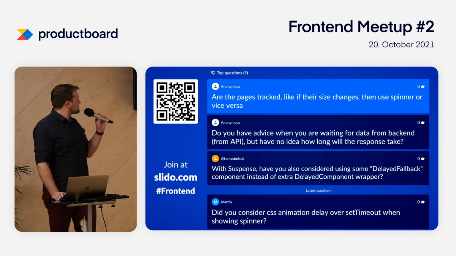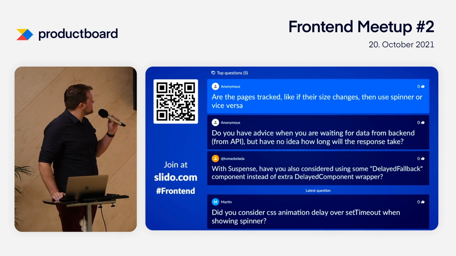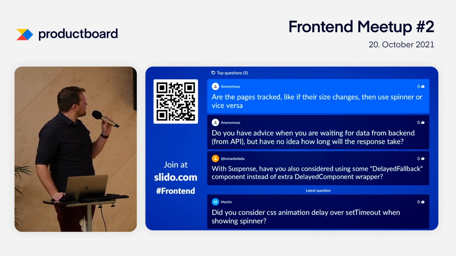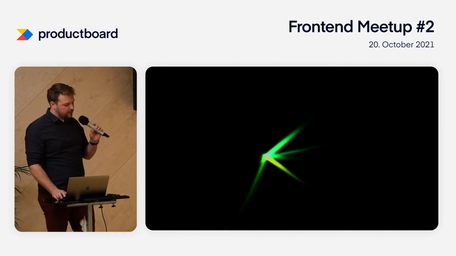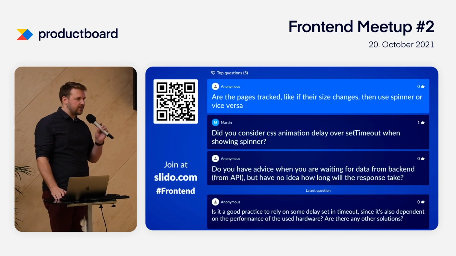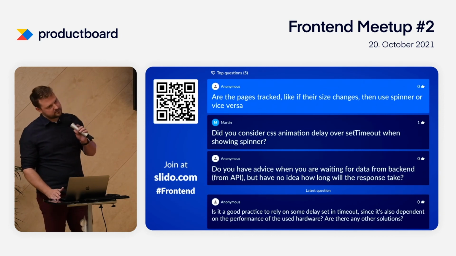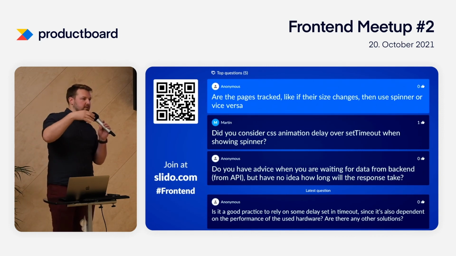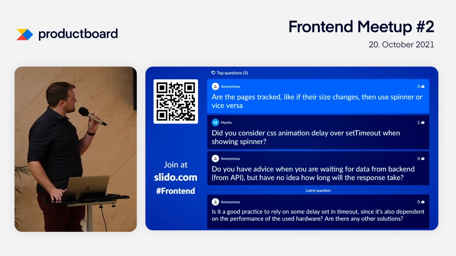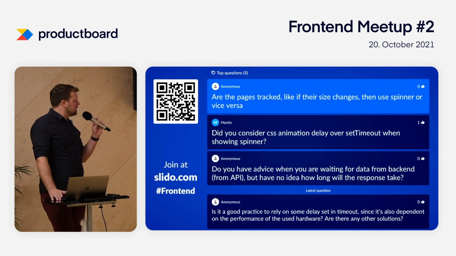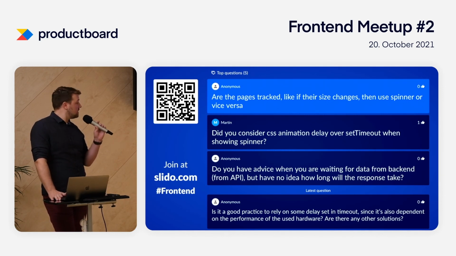So are pages tracked? Like if their size changes, then use a spinner or vice versa. So is this question about whether we have different pages, some with a spinner and some with a skeleton, and by time they change, maybe a skeleton would be better for that? Yeah. So we don't track these changes.